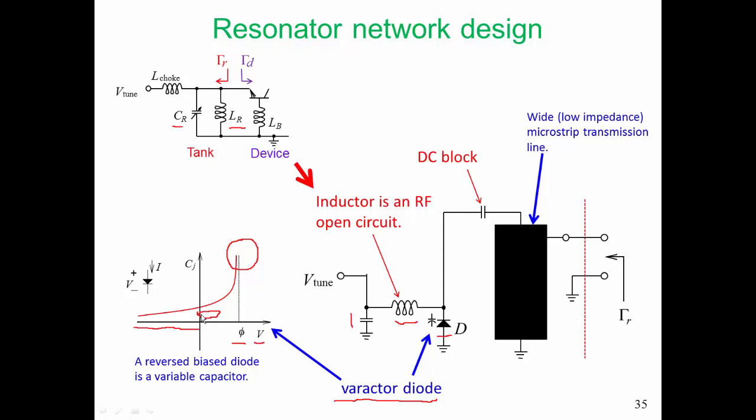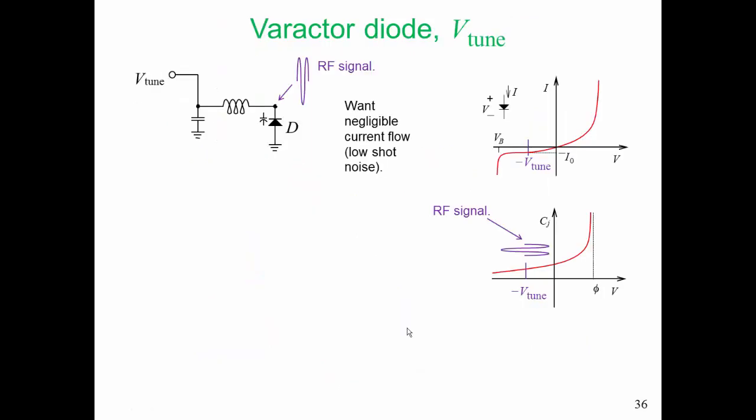We want to use the Varactor diode so that there is very little variation as the RF signal level varies. So let's look at our Varactor diode in a little bit more detail. The characteristics of that Varactor diode have a significant impact on the variation of the susceptance with respect to frequency and in our tuning range.